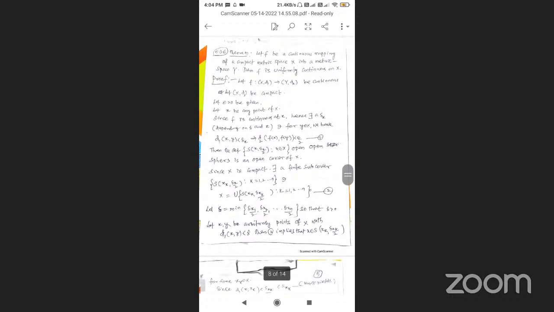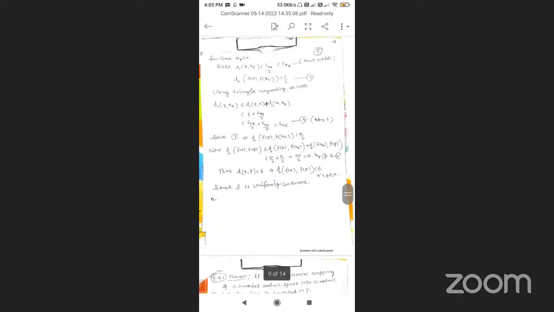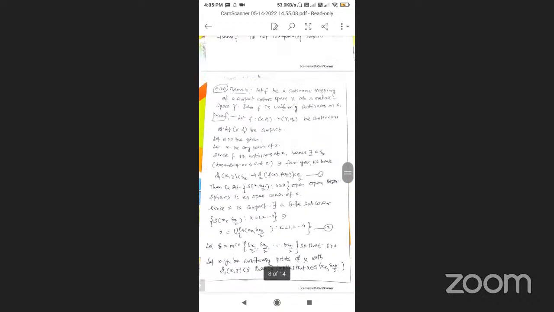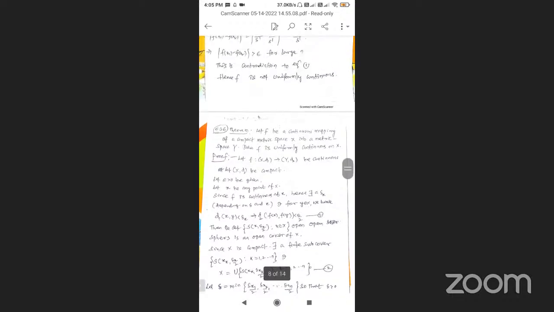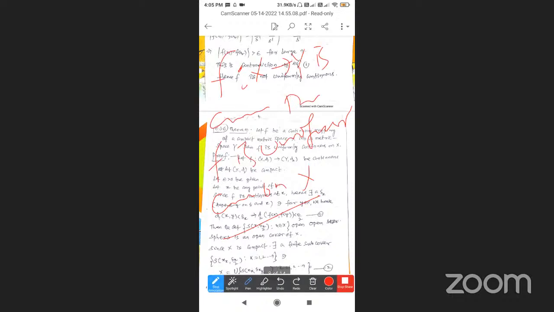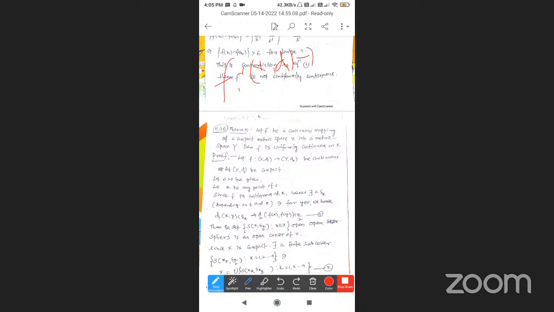Let f be a mapping from (X, d1), one metric space, to (Y, d2), another metric space, and let f be continuous.